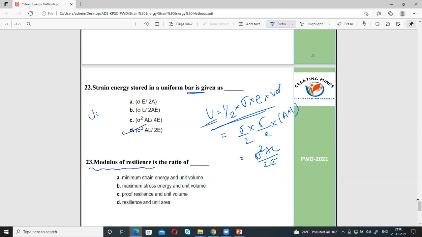Sir, it's option C. Proof resilience per unit volume. Or check. Finally, I will put a remark: check yourself and get the answer, because it's already given in statement form.